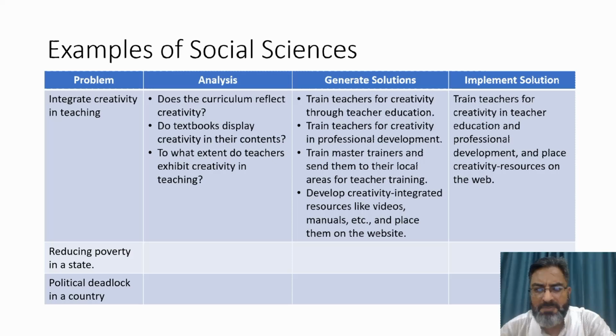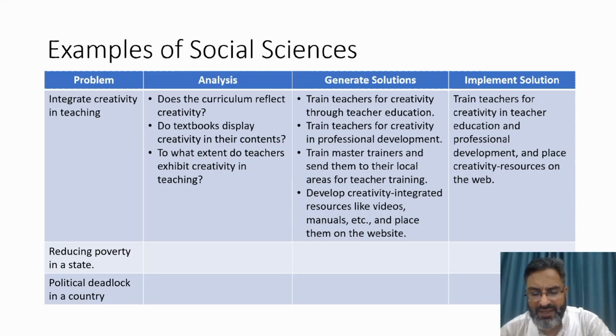In terms of implementing the solution, what have we suggested? Train teachers for creativity in teacher education and professional development, and place virtual resources of creativity on the web. So you may go and find some other ones as well. But if you slightly move from the social sciences to a simple one, we just added analysis here.